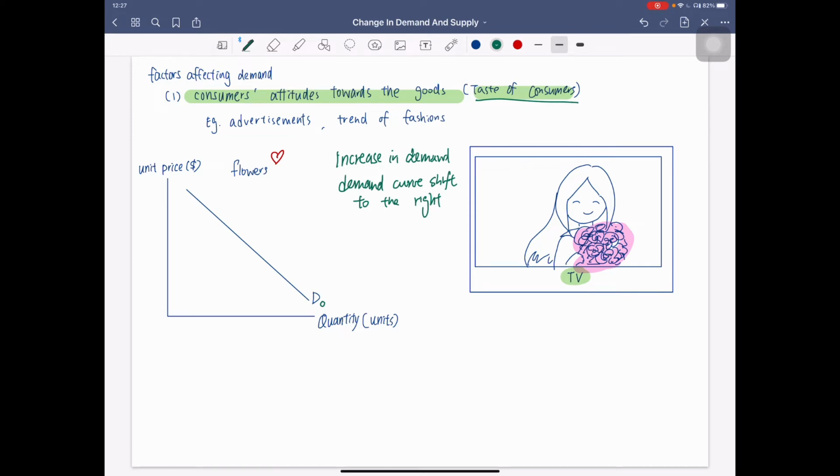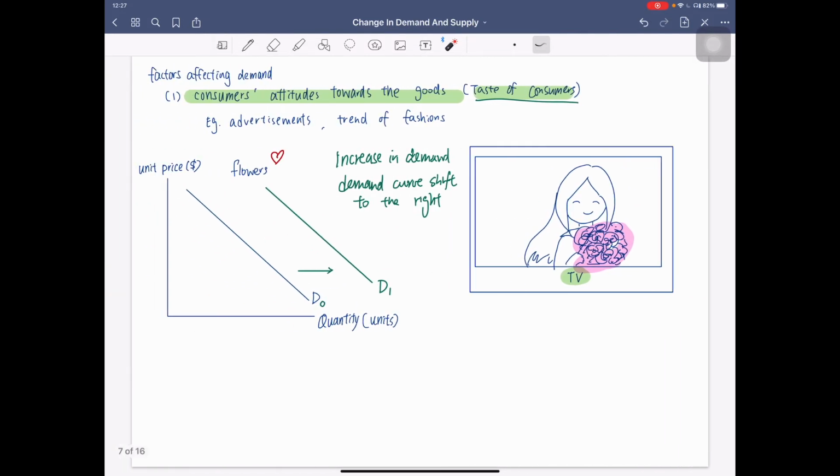So we will have an increase in demand. The demand curve shifts from D0 to D1. We draw the new demand curve labeled as D1, and then we use an arrow to represent the shift of the demand curve, the increase in demand.